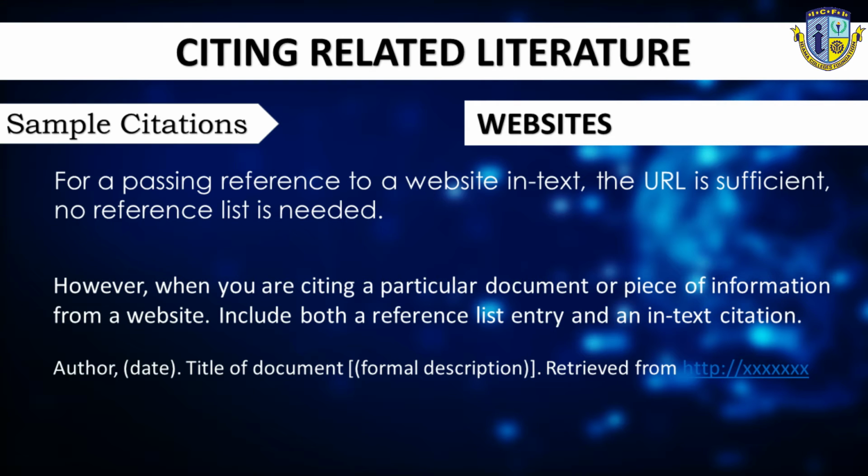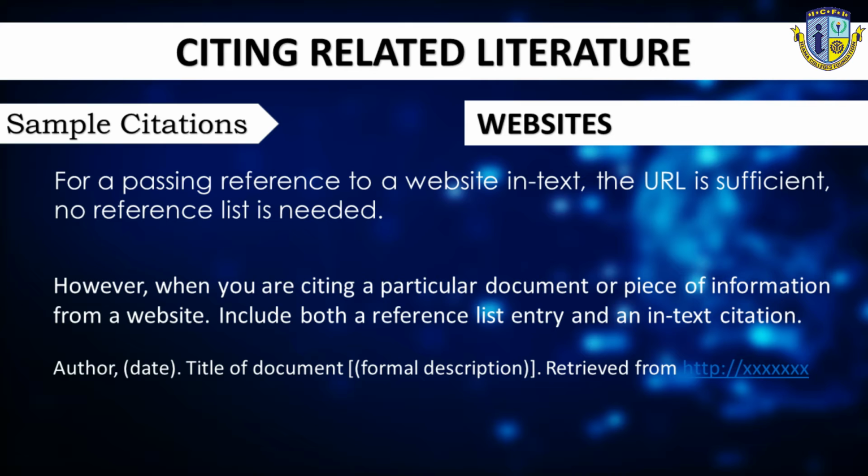Now, how to cite if the information is from a website? For a passing reference to a website in text, when we say in text, it is in the body content, the URL is sufficient. No reference list is needed. However, when you are citing a particular document or piece of information from a website, include both a reference list entry and an in-text citation.